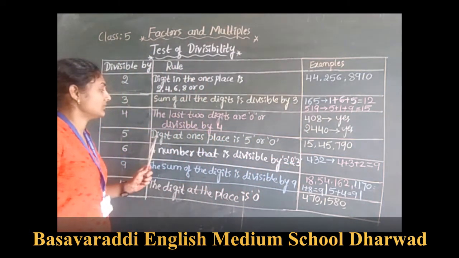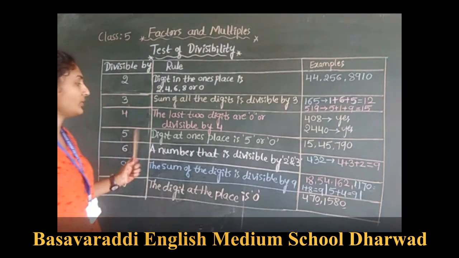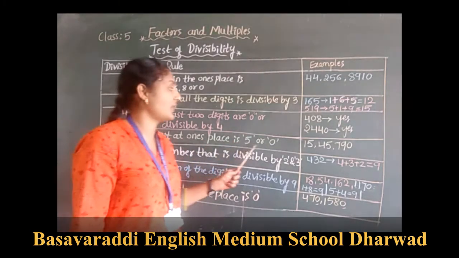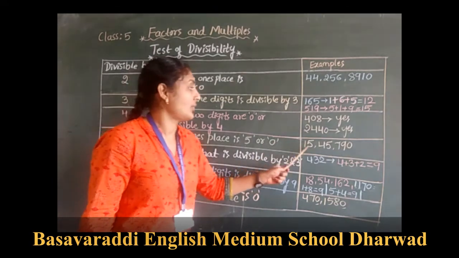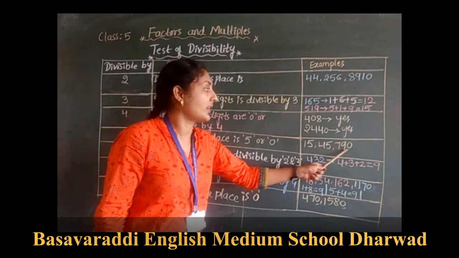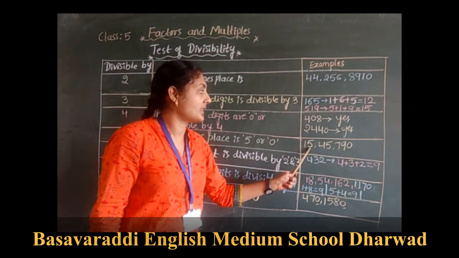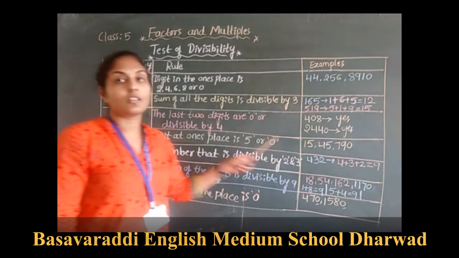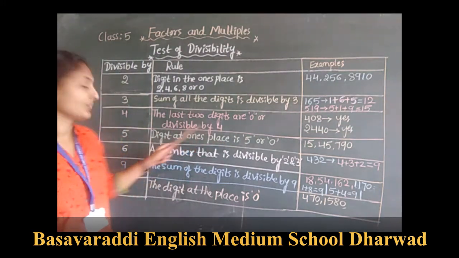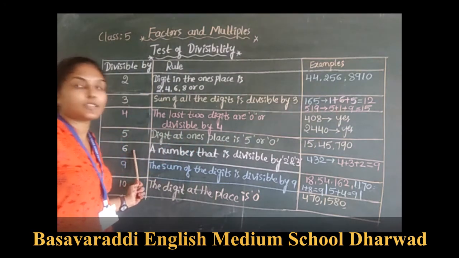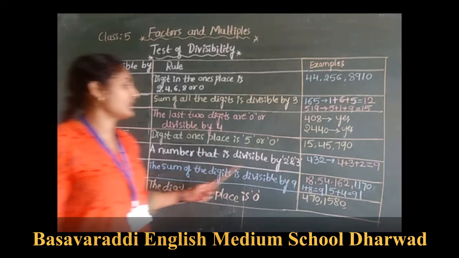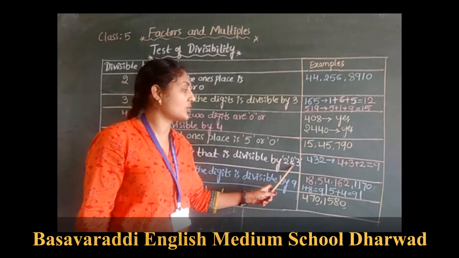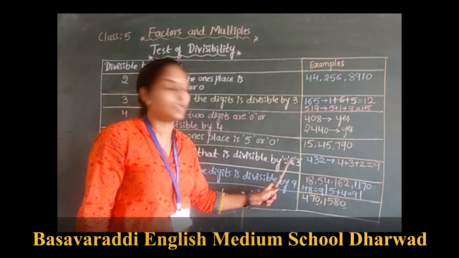Next, the fifth one, divisible by 5: the digit at the ones place is 5 or 0. 15, 45 and 790, that means in the ones place there is a 5, 5 and 0. So all three numbers are divisible by 5. Next one, divisible by 6: a number that is divisible by 2 as well as 3. It means 2 and 3.